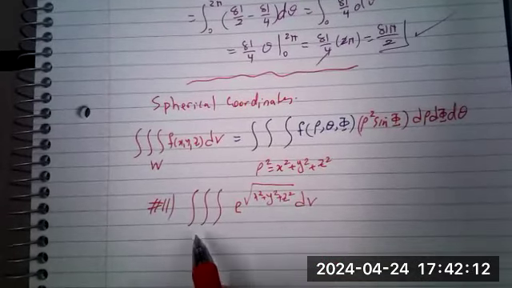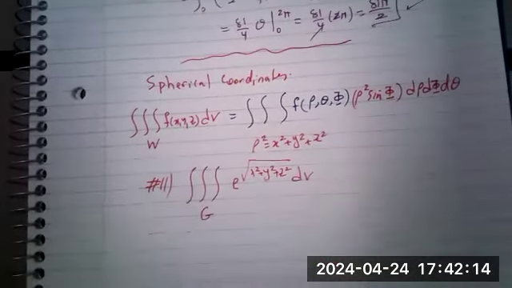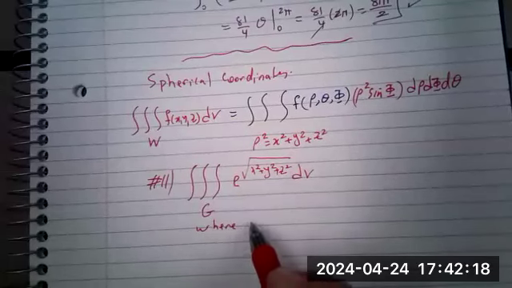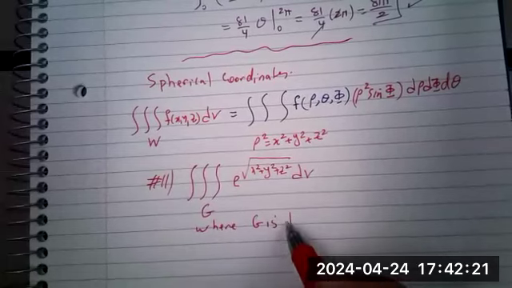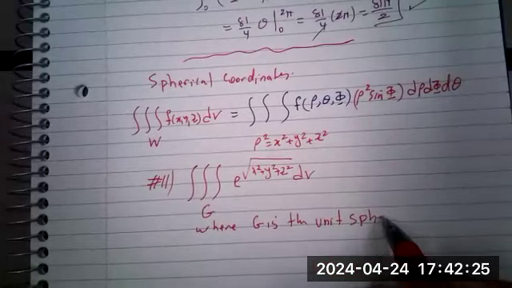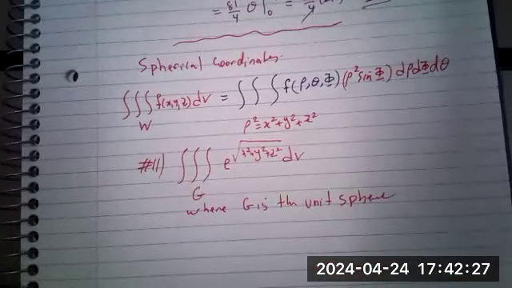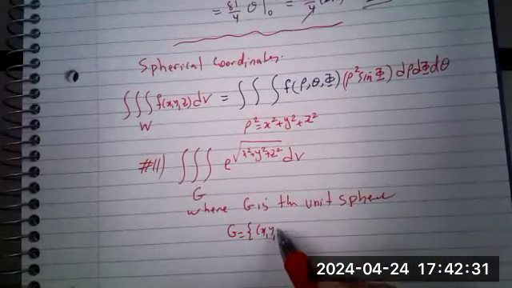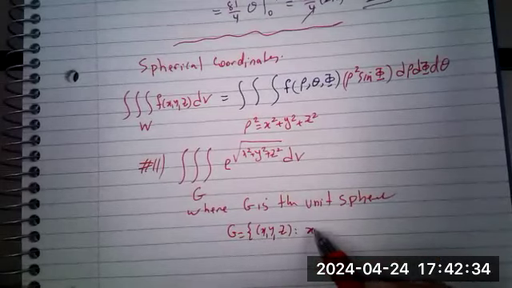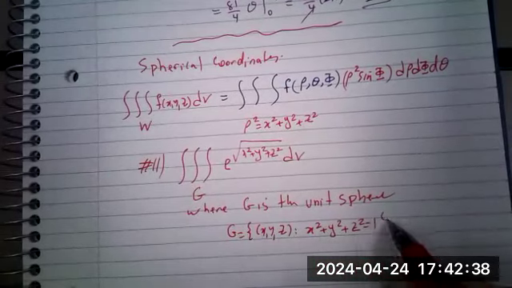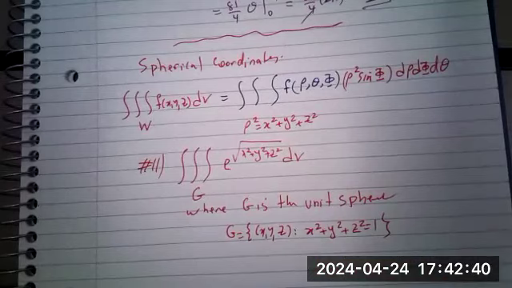You want to do this on the region G, where G is the unit sphere. The unit sphere means the equation is x squared plus y squared plus z squared equal to 1. We use a unit sphere because that's very easy to handle.